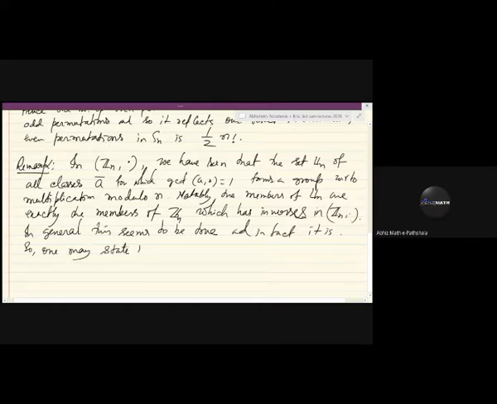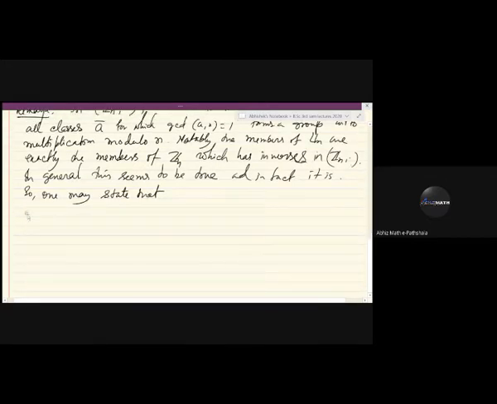So one may state that, what would be the statement? So the theorem will be that suppose x dot be a monoid, right? Whenever we are talking about inverses, we need to consider a monoid, since it contains identity, right?